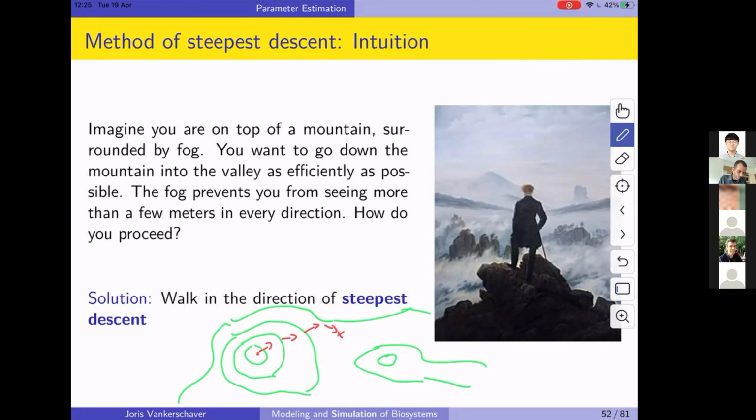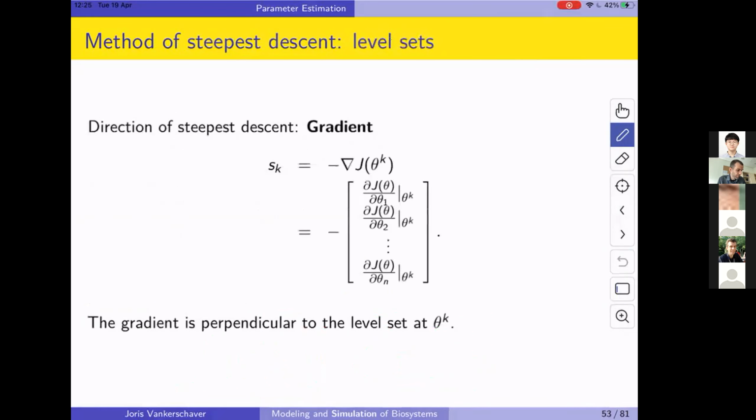I could have drawn a better map, but I'll leave it at that. So you walk in the direction of steepest descent. That's going to get you into the valley as effectively as possible.